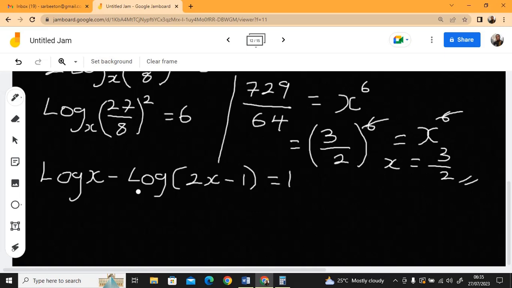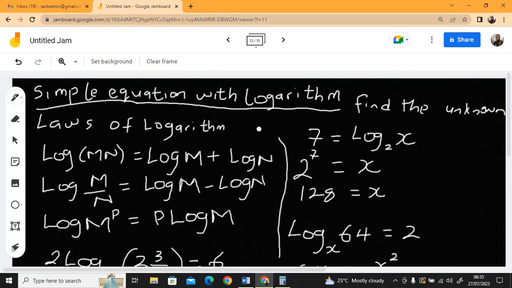Now if you are given something like this, I told you earlier that if you have a natural log, it has an invisible 10 here. Just note that, unless you are given another base here. Now according to our laws of logarithm, minus is division. Let's go back to the laws of logarithm. You can see minus changes back to log m over n.